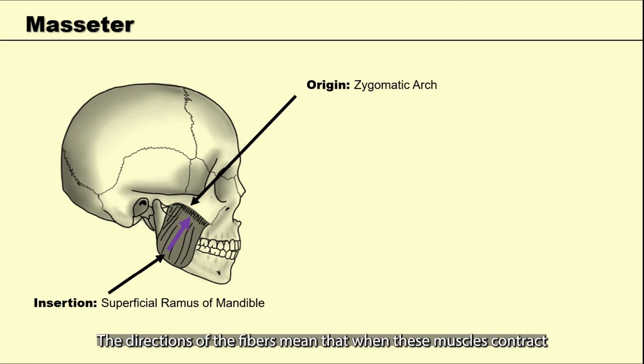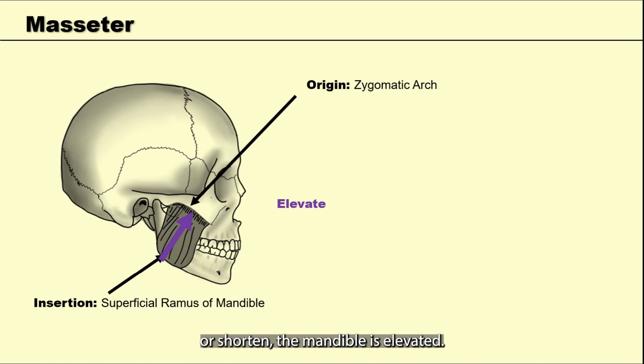The directions of the fibres mean that when these muscles contract or shorten, the mandible is elevated. This means that the function of the masseter acts to elevate the mandible. The fibres also move in a slightly anterior direction, so the contraction of the masseter also assists in the protrusion of the mandible.